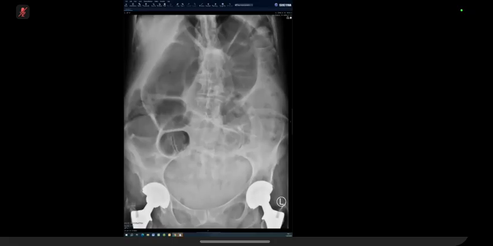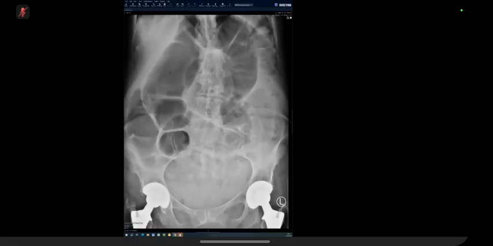In my routine practice, I would like to review the history of the patient to see if there is any history of ulcerative colitis, any history of indication of steroid therapy, and I would like to urgently communicate the finding with the referring physician and recommend further evaluation with contrast enhanced CT.